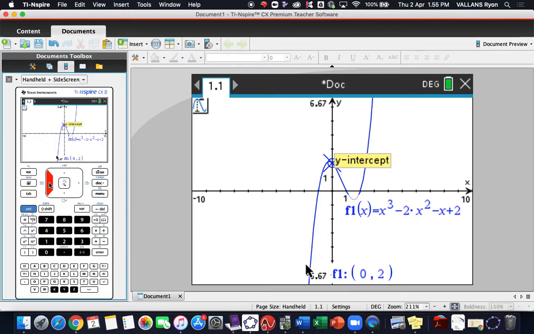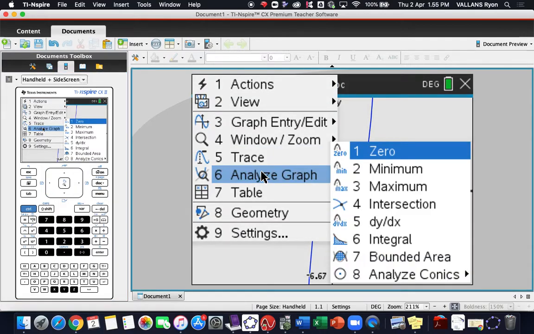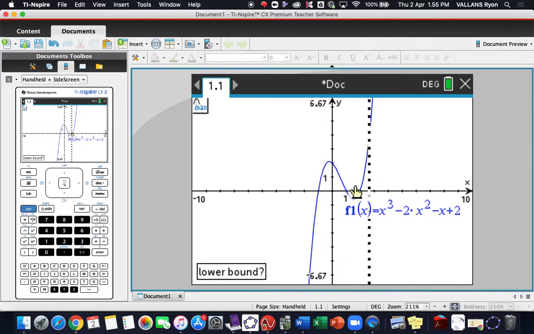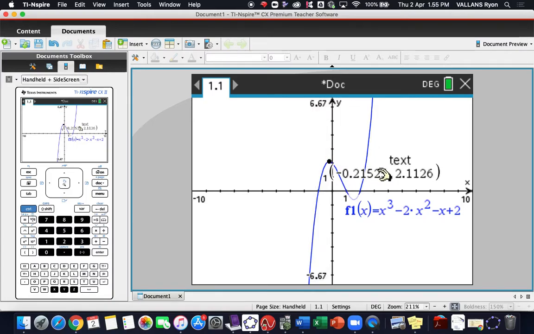Y-intercept, 0, 2. Keep going. Where was my max? Skip my max. 0, negative 1, 0. So skip my max. I'm going to do this. Menu, analyze graph, maximum. Get to the left. Get to the right. There's my max.